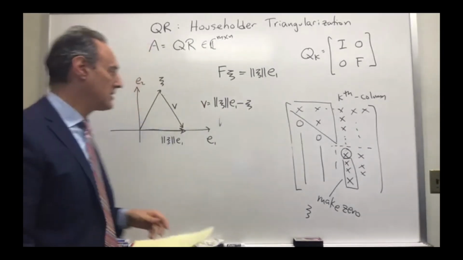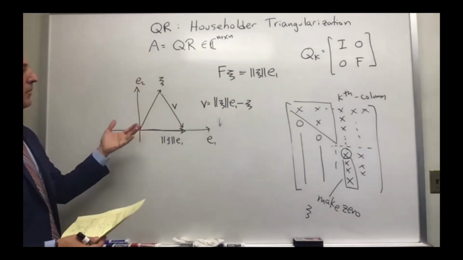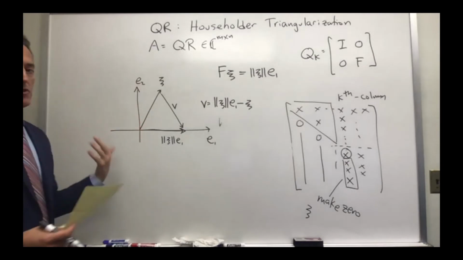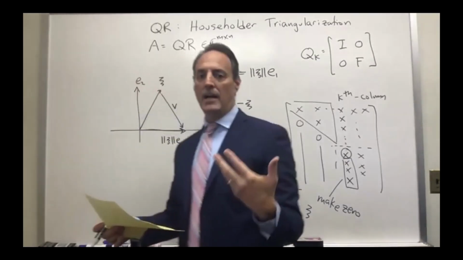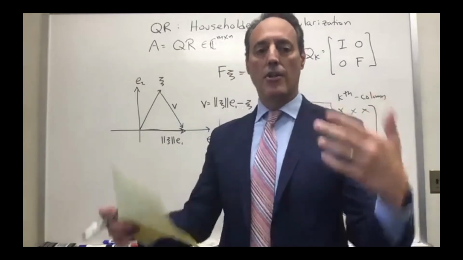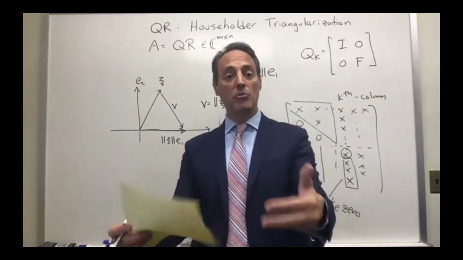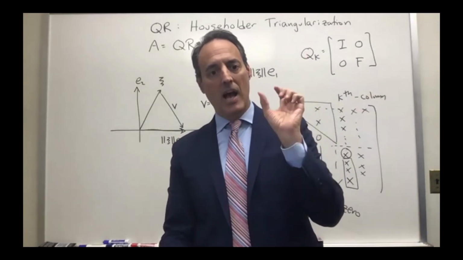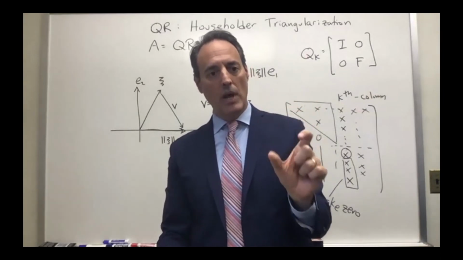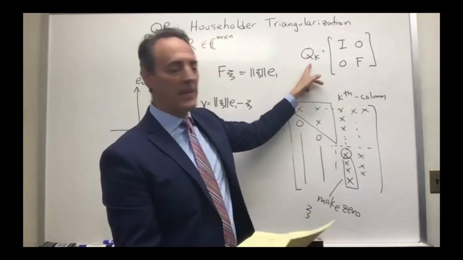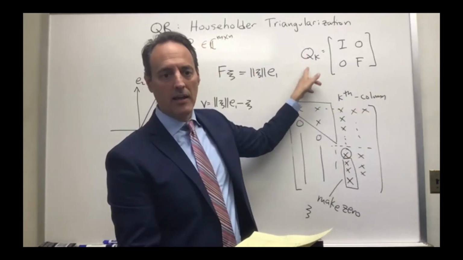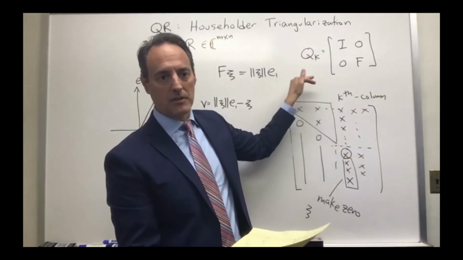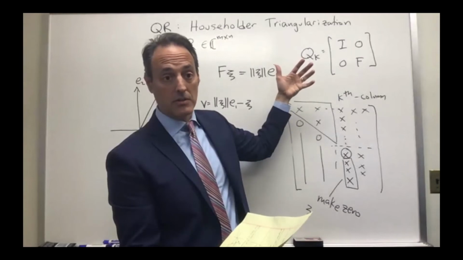The problem with this is that I can easily do this, but what I really want to do is figure out a way to do it so that I have an orthogonal projector or a unitary matrix. That's the biggest constraint I have right now: I want to do this in such a way that every time I build this, every Q of K is an orthogonal projector and or a unitary matrix.